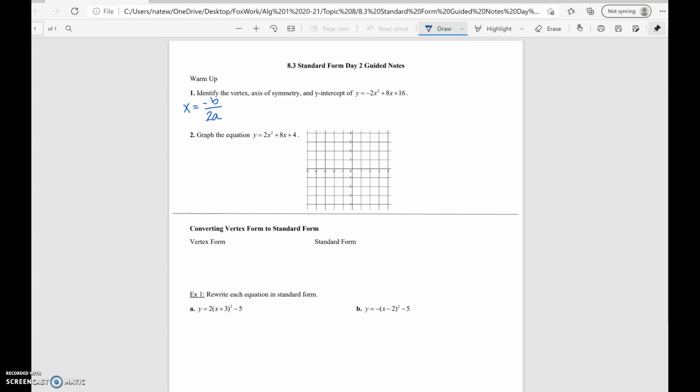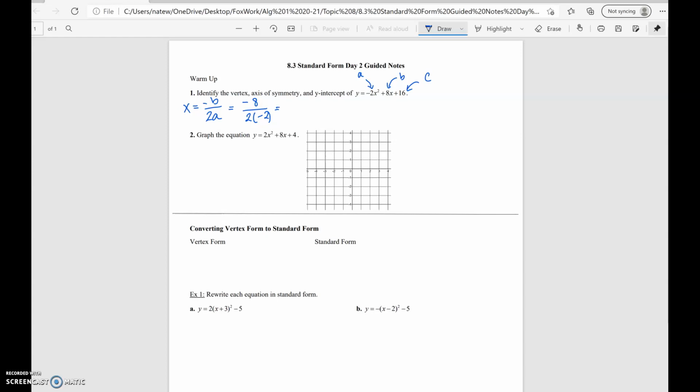Remember, it goes a, then the one with x is b, and the number without a variable, in case it's not written in standard form, would be c. So we are going to have a negative 8 on the top because b is 8, and then we have 2 times our a value, which is negative 2.